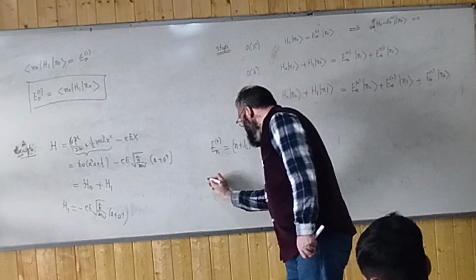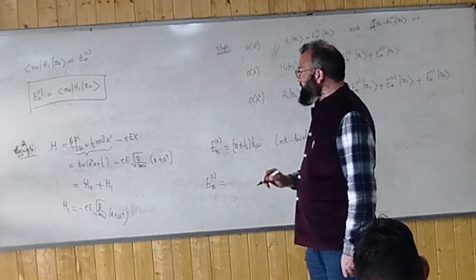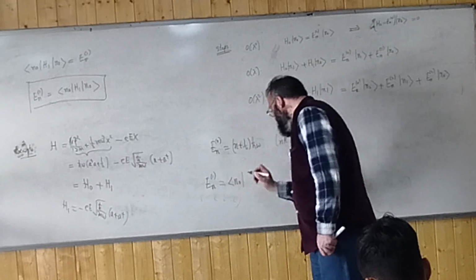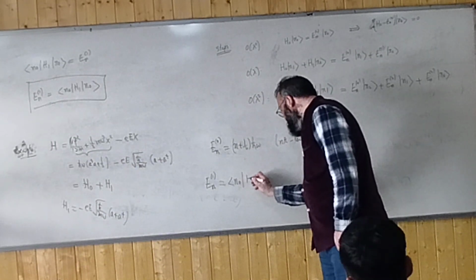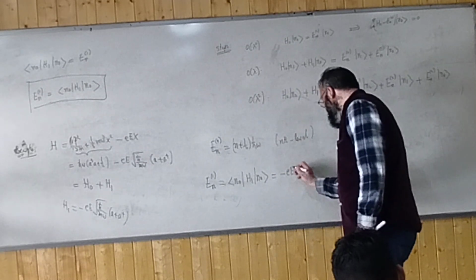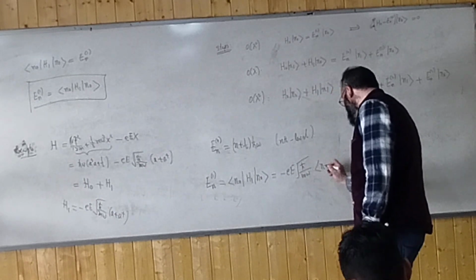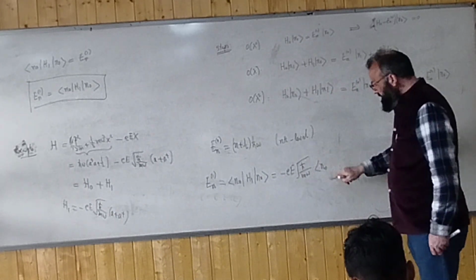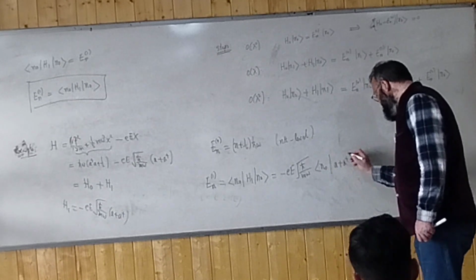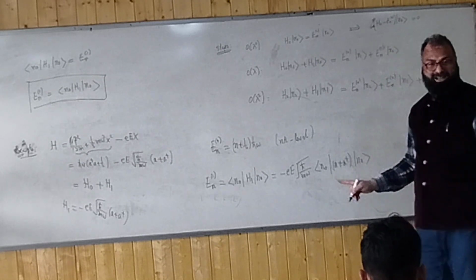I'll write E_n^1, which is the expectation of H1 in the unperturbed state n0, and H1 is minus E E times the operator. These are numbers, so they come out. So n0 is actually the unperturbed state of the harmonic oscillator.